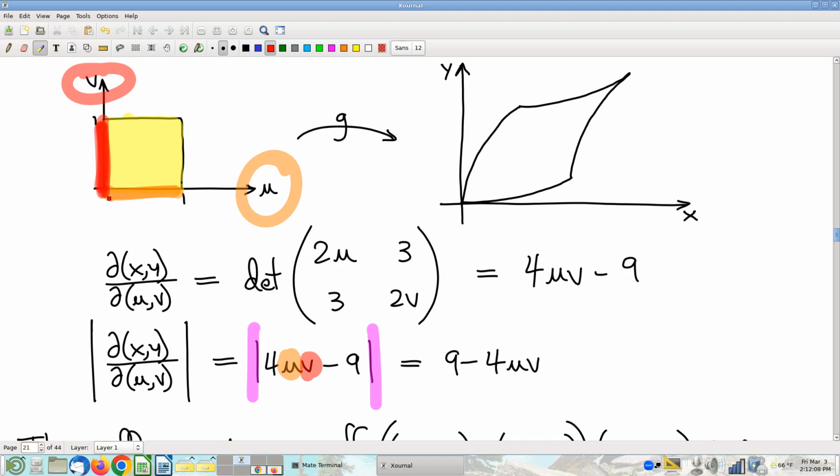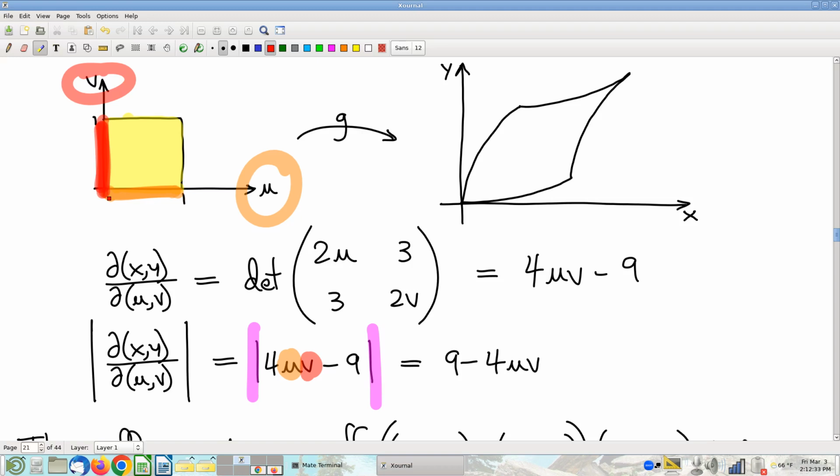So what I've got here is two things that are always between 0 and 1, multiplied by 4, still less than 4. And then I subtract 9. That guaranteed makes it negative. Everybody with me? Everybody's happy?